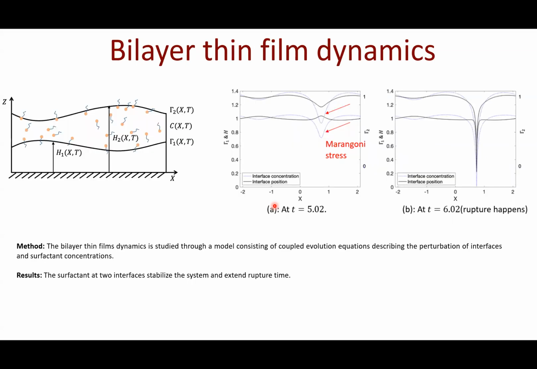To further investigate the factors that affect the thin film drainage, we use a numerical model of the bilayer thin film dynamics. We use a coupled evolution equation describing the perturbation of interfaces and surfactant concentration. This enables us to study how surfactants affect the stability as well as rupture of the film.